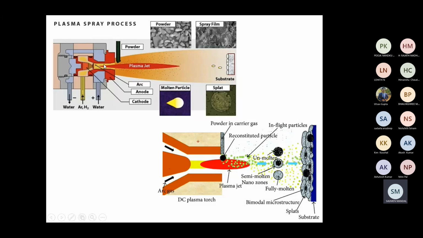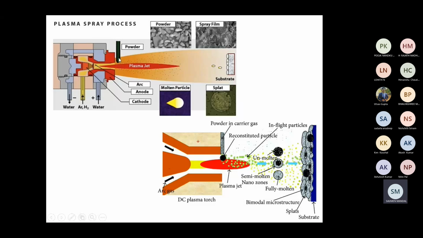So you can see the plasma jet here, and this is a continuous process. Argon will flow, and the plasma will have a plasma cone that extends a certain distance. In the meantime, the powder, with an inert carrier gas like nitrogen, is purged through this.